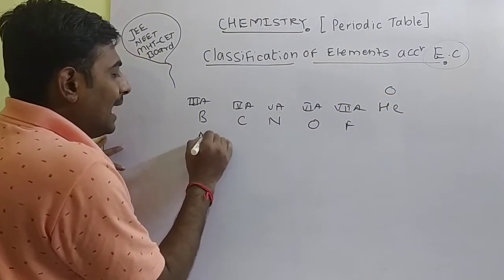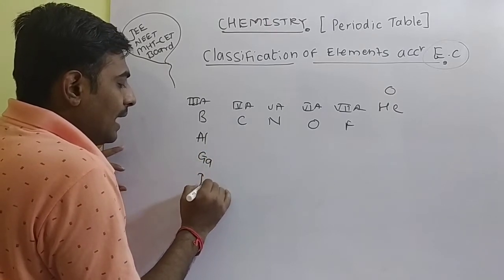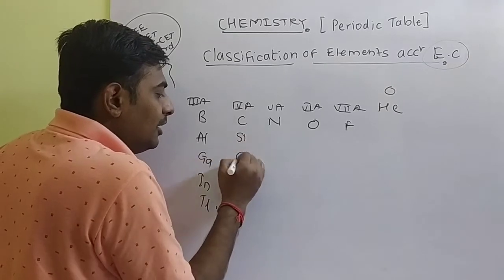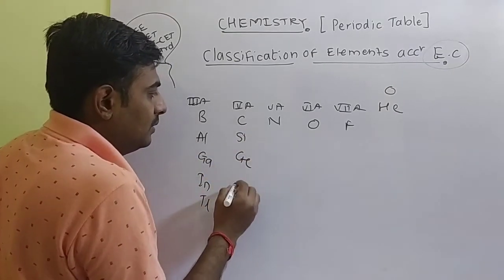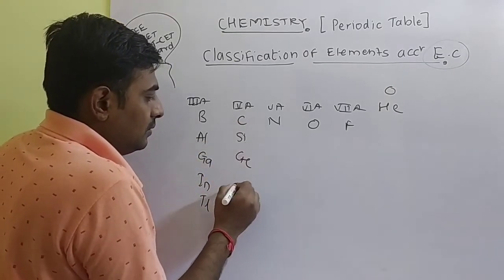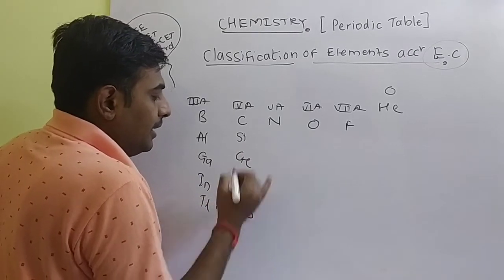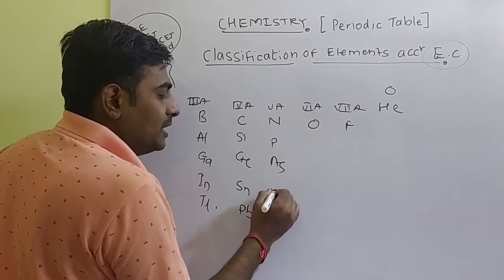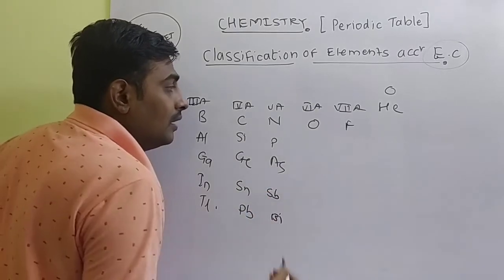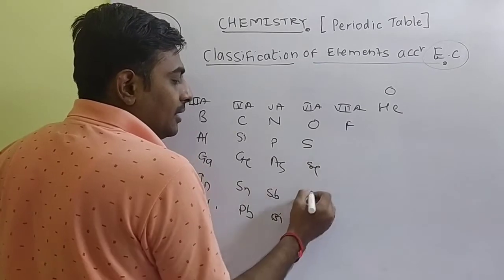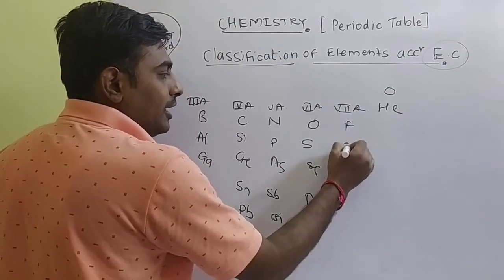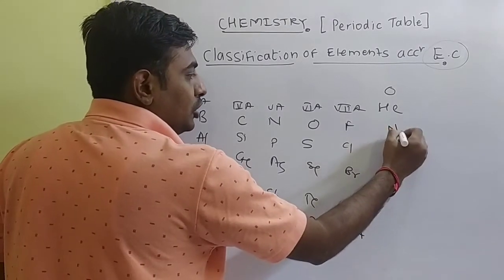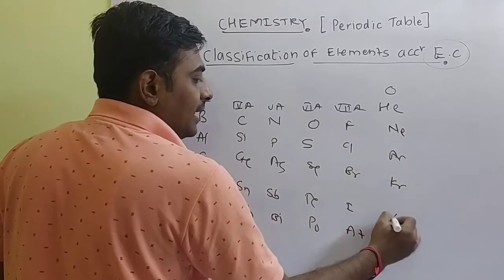They are: boron, aluminium, gallium, indium, thallium; carbon, silicon, germanium, tin, lead; nitrogen, phosphorus, arsenic, antimony, bismuth; oxygen, sulfur, selenium, tellurium, polonium; fluorine, chlorine, bromine, iodine, astatine; helium, neon, argon, krypton, xenon and radon.